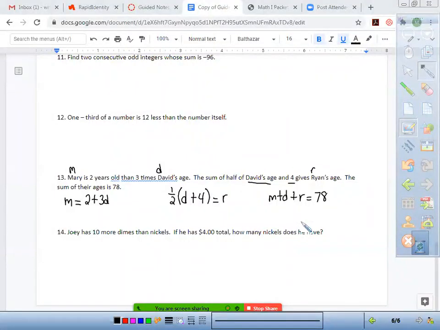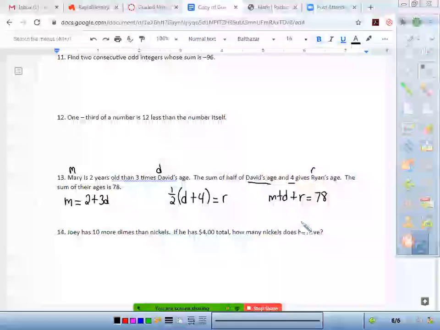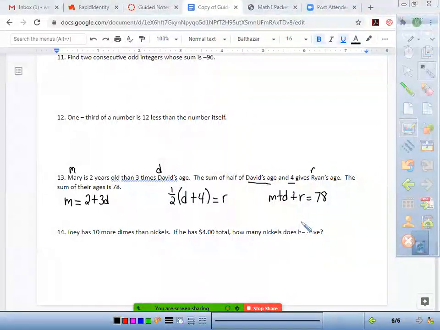I want to try to figure out all of their ages. I don't think I can solve equations with a bunch of different variables in them. It gets confusing. But I think there's a way that we could use what we've written down and make it so they're all the same variable. How can I do that?